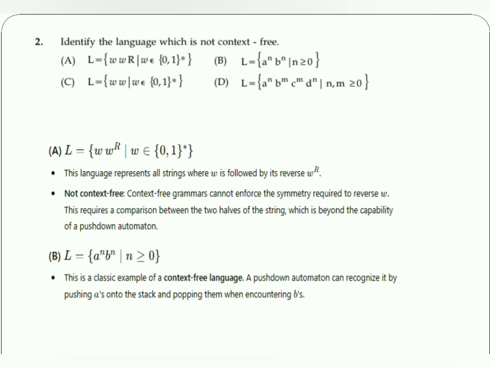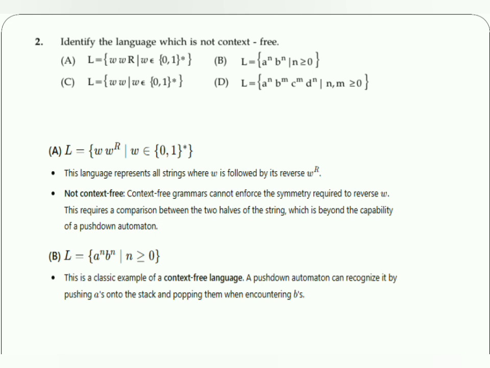And this type of language is not context free, because context free grammars cannot enforce the symmetry required to reverse W. This requires a comparison between the two halves of the string, which is beyond the capability of a push-down automata. So this option is false. So it is not context free.